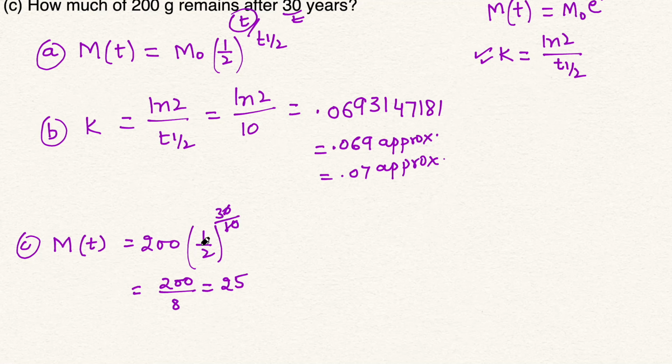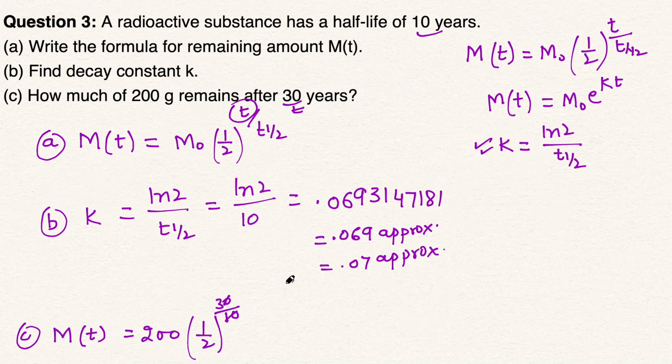You can give this input or solve it orally, whatever suits you; you have to check your style. If you ask me, this method is better for me. We must use some mental math techniques. Sometimes they are easier than calculator tricks. So after 30 years, this radioactive substance will be only 25 grams.